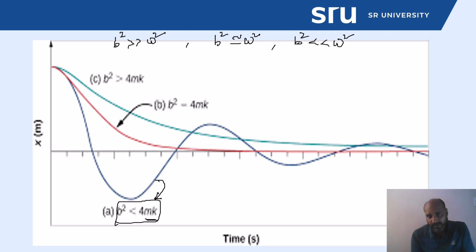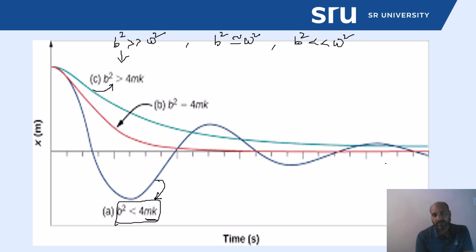However, this blue color line is the under damped condition, and see that compared to the rest of the two lines, the amplitude, I mean the position, is decreasing gradually, coming to zero a little bit slower compared to the rest of the two. Whereas this green color line is for the over damped condition. It is also decreasing, but compared to the under damped condition a little bit faster.